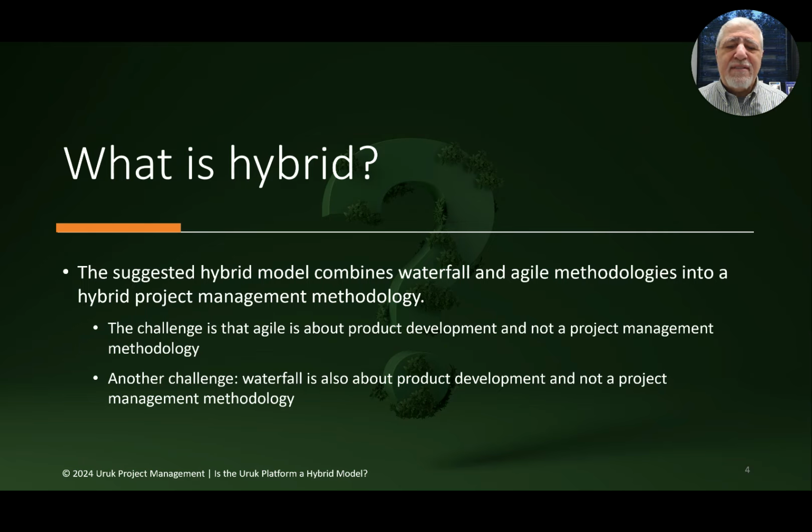So what they are saying on a hybrid model is that within a project, we have to use both concepts. Now, I'm still trying to figure out the challenge that we see with that approach, which is built on what I said a minute ago: agile is about product development.